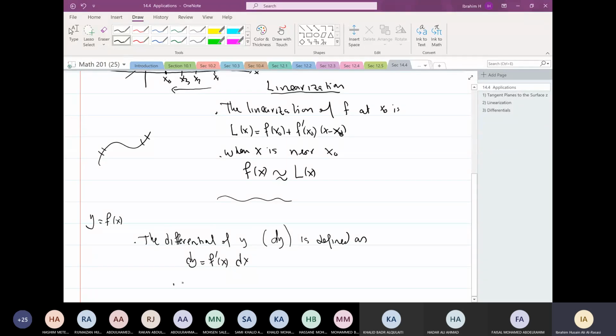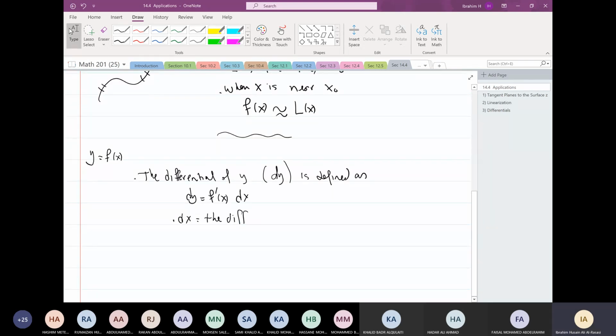What is dx? dx is the differential of x. So here we have two variables, x and y, the independent variable x and the dependent variable y. The variable of the domain x, the variable of the range y.